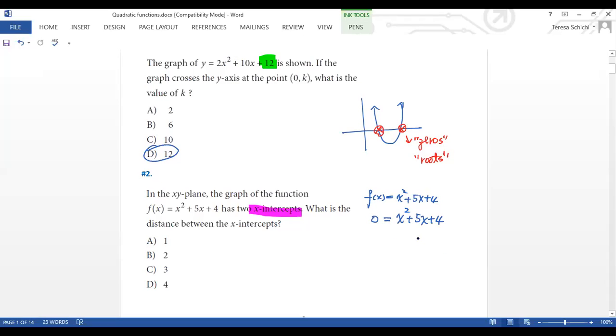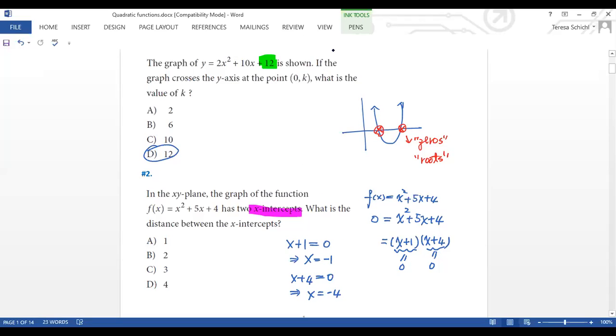I can factor: this is x plus 1, this is x plus 4. After factoring, you set each one equal to 0. So x plus 1 equal to 0, x equal to negative 1. Then x plus 4 equal to 0, x equal to negative 4.